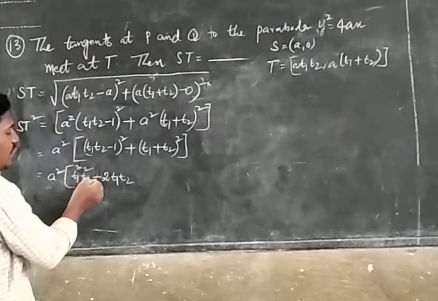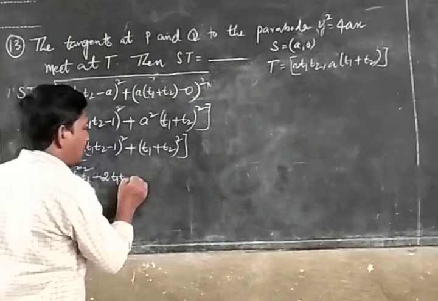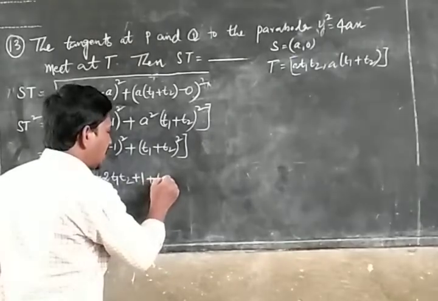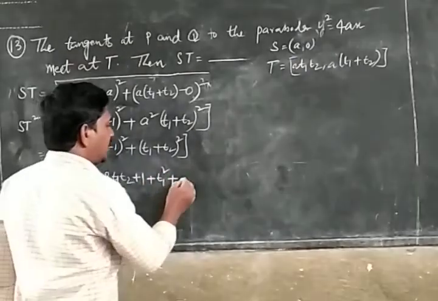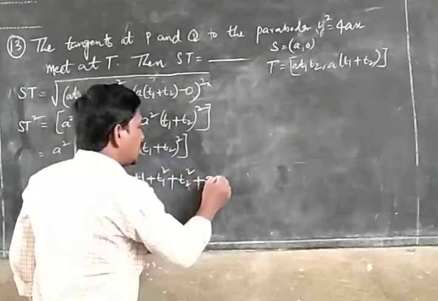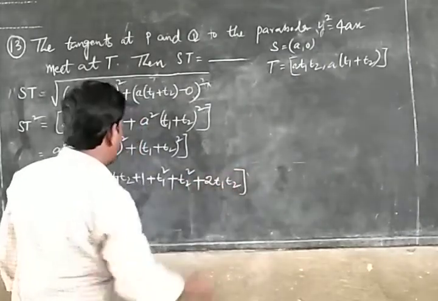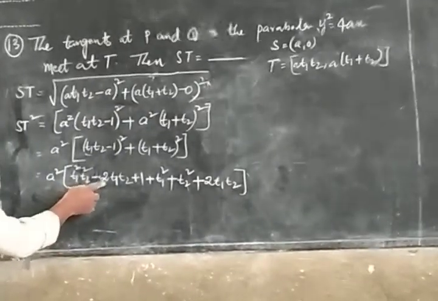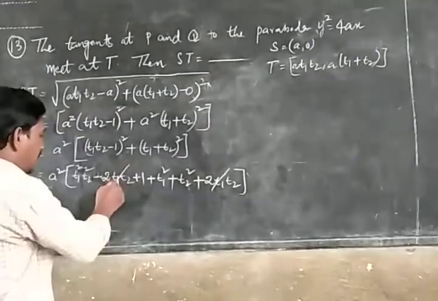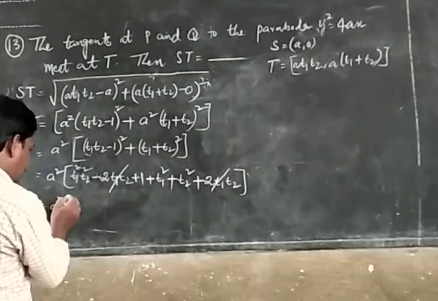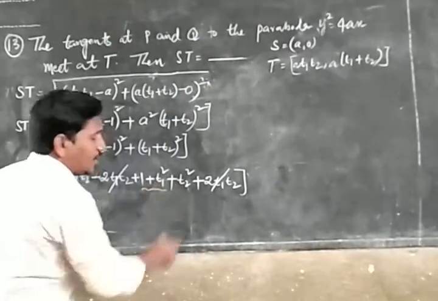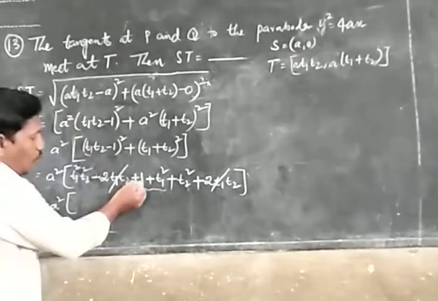T1 square t2 square minus 2 t1 t2 plus 1 plus t1 square plus t2 square plus 2 t1 t2. Look, minus 2 t1 t2 plus 2 t1 t2 both cancel, and a square, okay, 1 plus t1 square, t2 square remains, 1 plus t1 square.